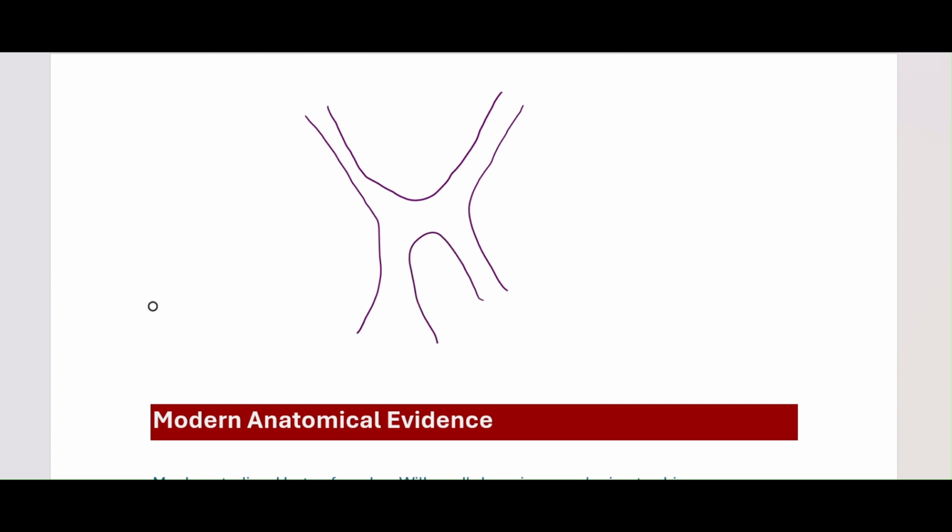So this is the optic nerve from one eye, and this is the chiasm. Temporal fibers. The nasal fibers are not a problem.